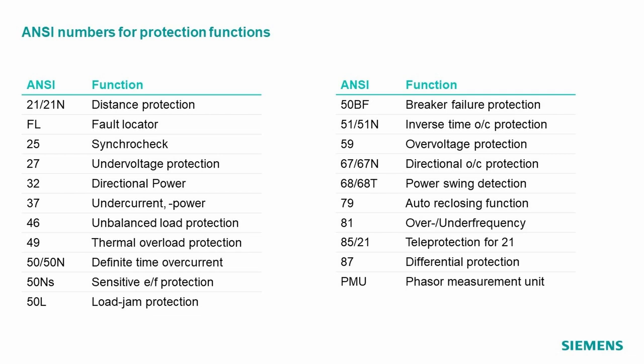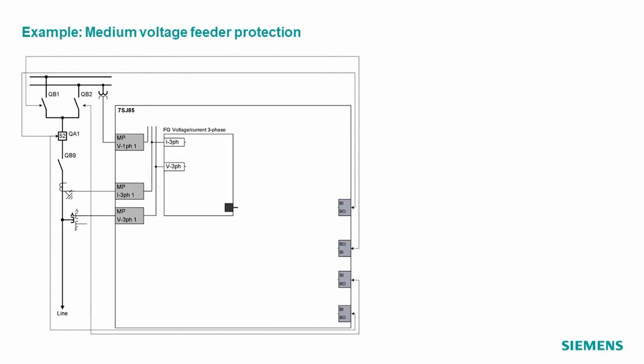And now let's have a look at the example. The first example here is a simple, or it's not that simple, it's a medium voltage feeder protection. So you see on the left side, on the top, the 2 bus bars. And then down you have the feeder.